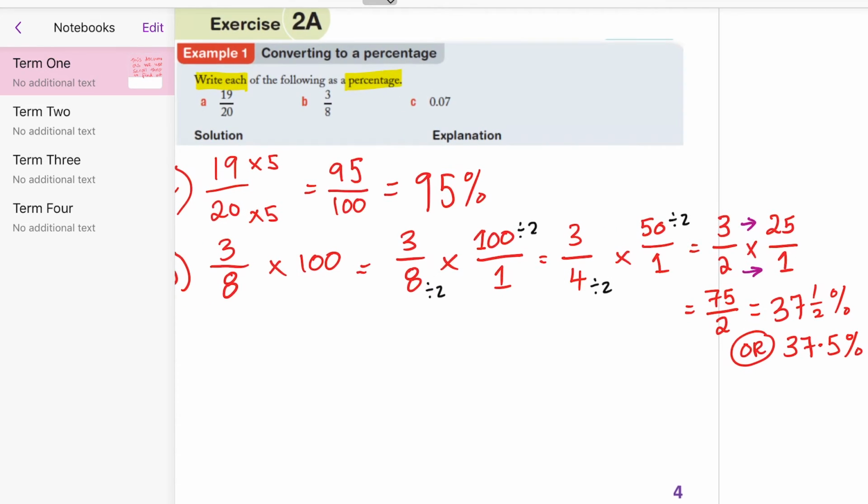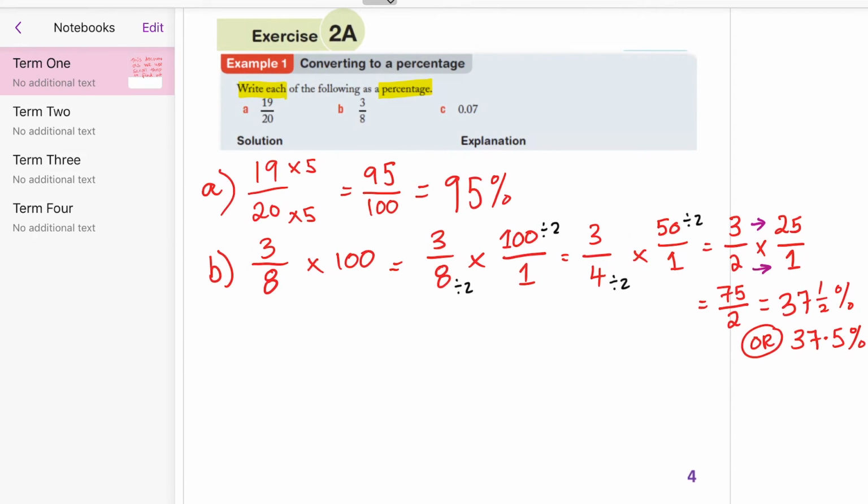So it's a little bit longer than what we did in A. However, the process, if you take your time, if you're maybe not that strong with your multiplication skills or your times tables, just slowly make it smaller before you multiply the two fractions together. It will make your life maybe a little bit easier.